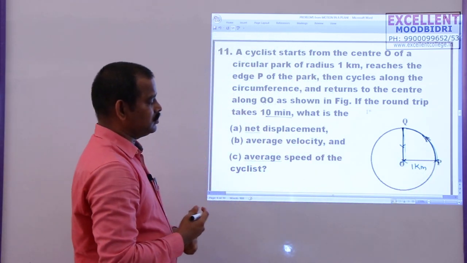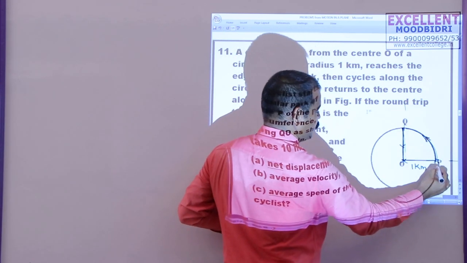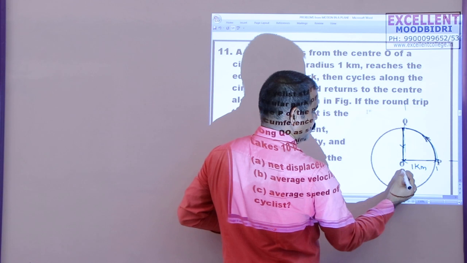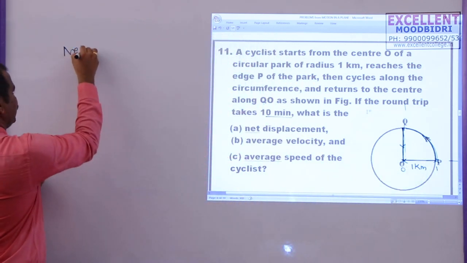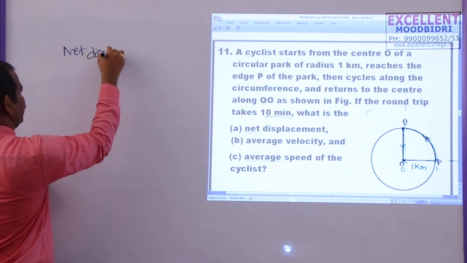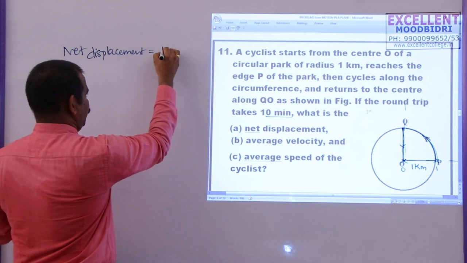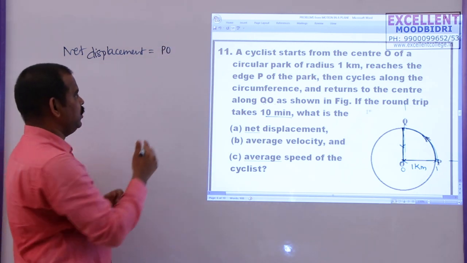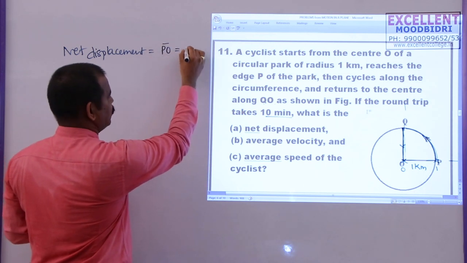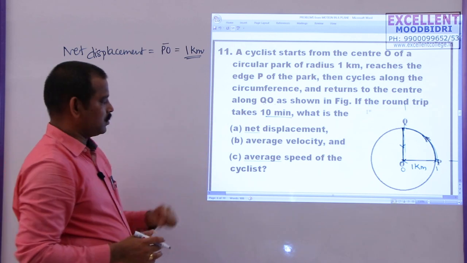Let us say this is the y-axis, this is the x-axis. The initial point is 1 kilometer from this point, the final point is 0. The difference between these two is the net displacement. Net displacement in this problem is PO bar, from starting to ending, which is exactly equal to 1 kilometer. That is nothing but the radius of the circular park.